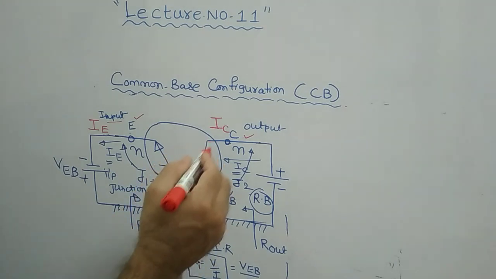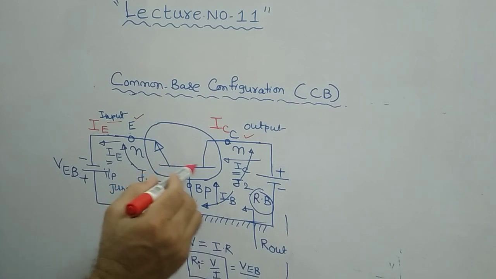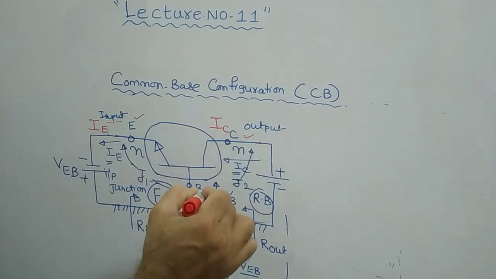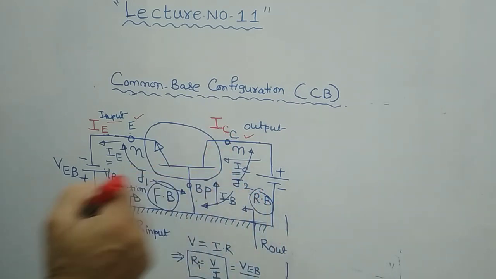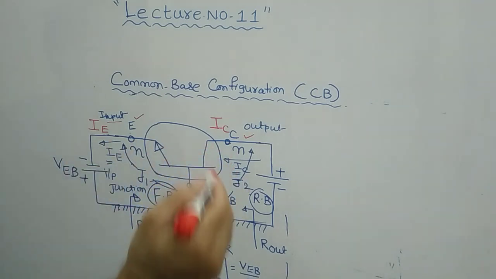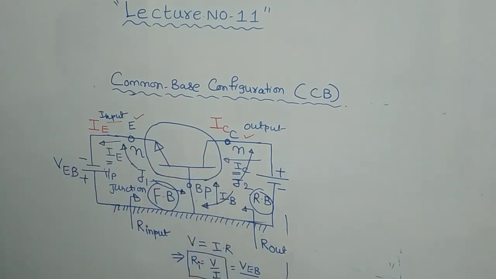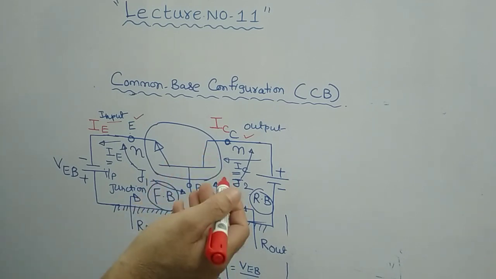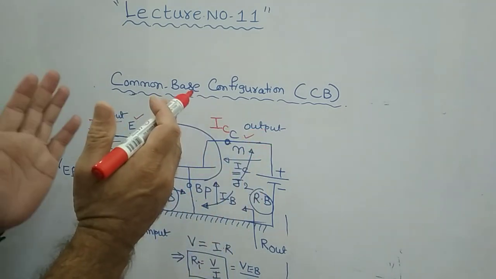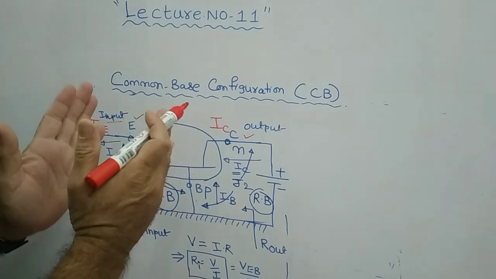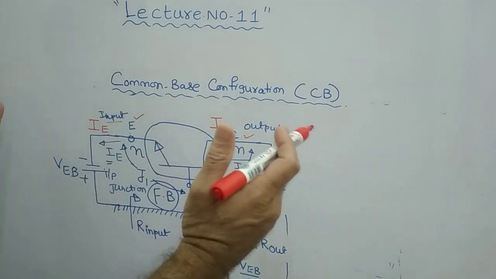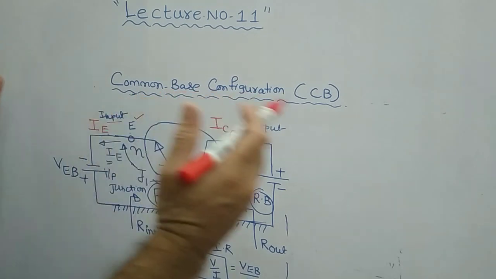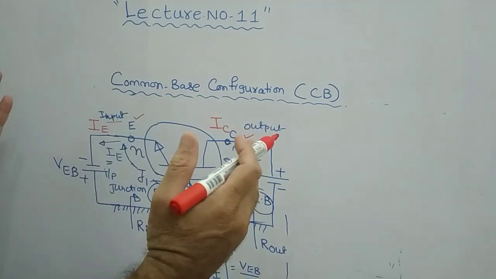Now, at the output junction, as it is reverse biased, what happens in a PN diode? If you recall the diode concept, in reverse biased condition the majority carriers will go away from the junction, right?